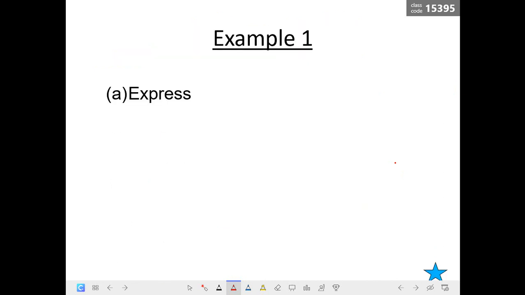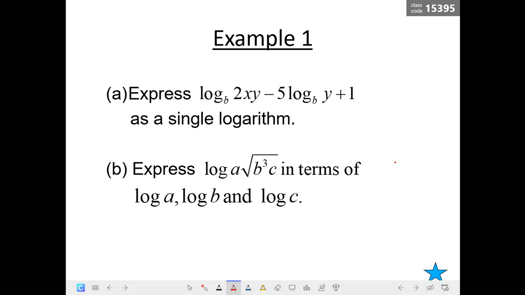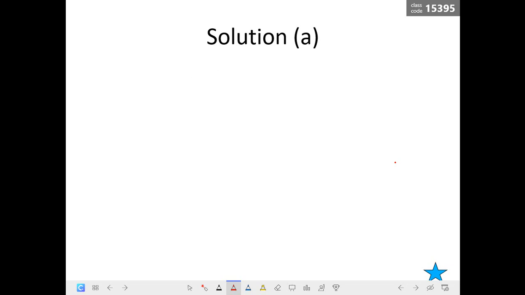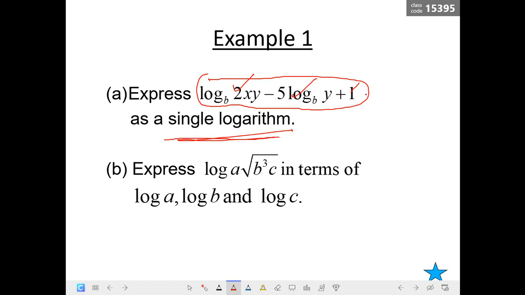Example 1. Express, for part a, log 2xy to the base b minus 5 log y to the base b plus 1 as a single log, from 3 terms to express as one single term.